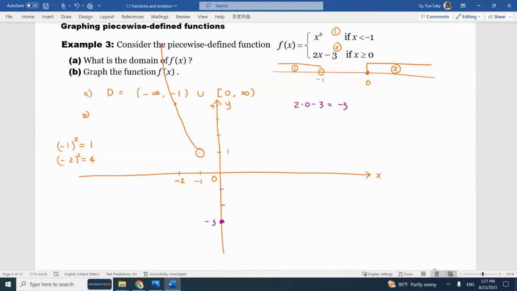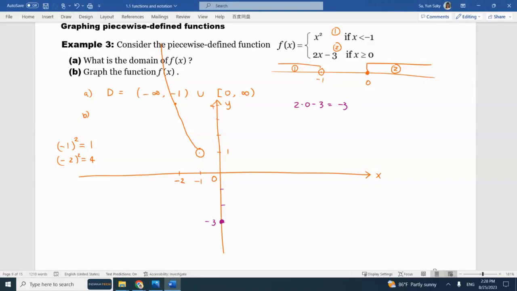Solid. Yeah, x can be 0, so we can include the endpoint. Very good. So here we exclude the endpoint, and here we include the endpoint. That's why the first piece excludes the endpoint, but this piece includes the endpoint.